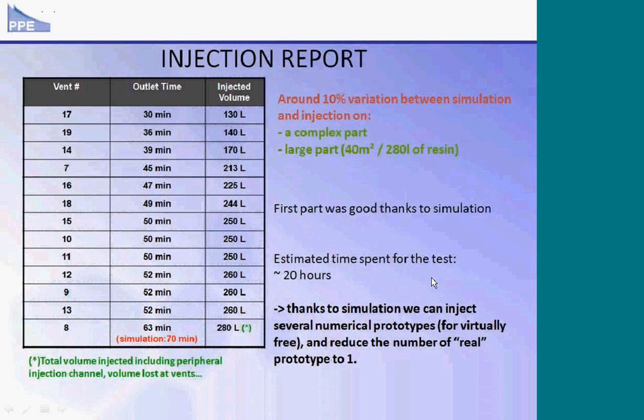So as I explained, we save a lot of time in the prototype manufacturing, and we end up with a good result. The difference between the real injection time and the predicted injection time is around 10%, because you can see here that the simulation predicted 70 minutes, and we injected the total volume, something like 300 liters, in 63 minutes.